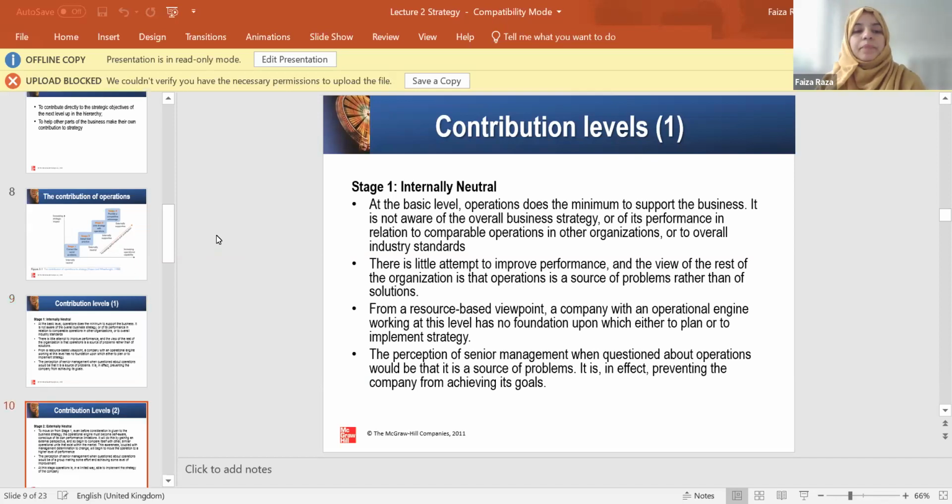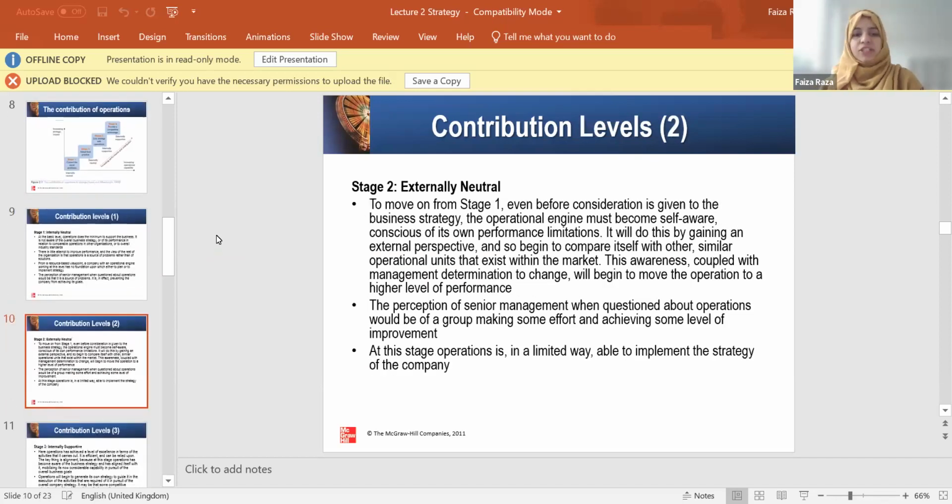Then stage 2 is externally neutral, we name it as. To move on from stage 1, even before consideration is given to the business strategy, the operational engine must become self-aware, conscious of its own performance limitations. It will do this by gaining an external perspective and so begin to compare itself with other similar operational units that exist within the market.